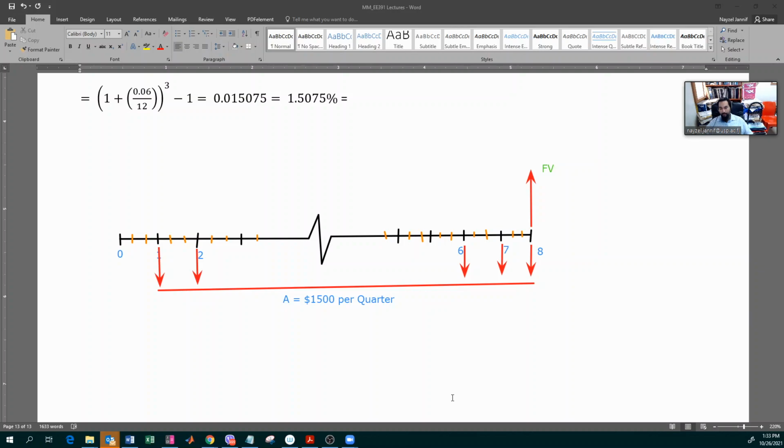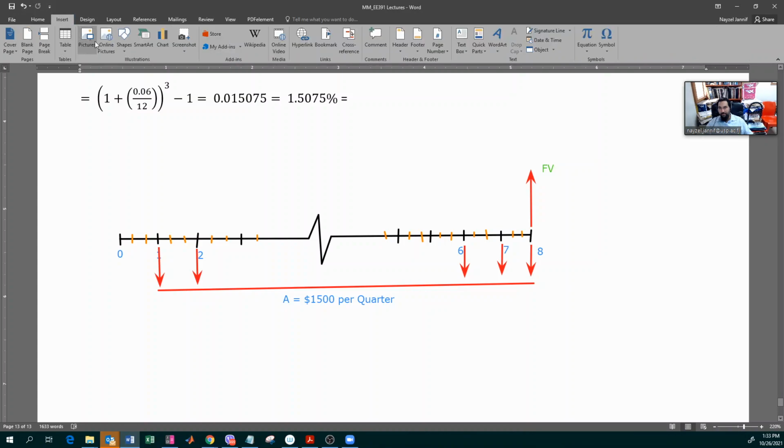Okay, next, what do we do from here? What is the next step, guys? Which formula will we use? Let me just save this image and insert it.